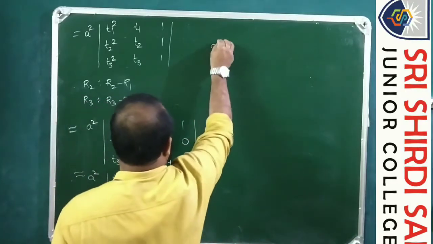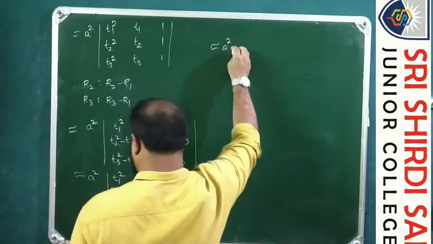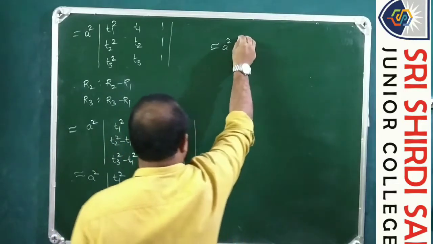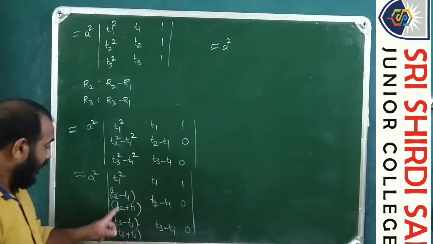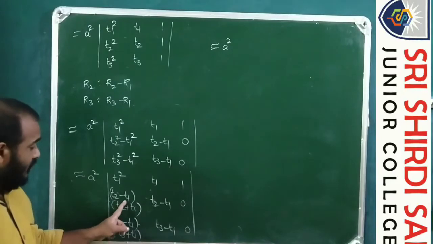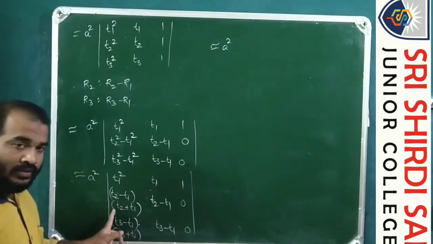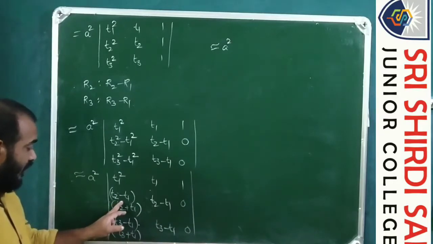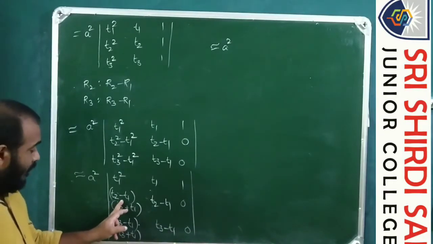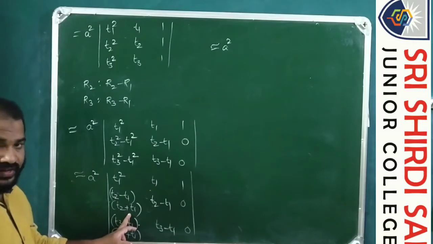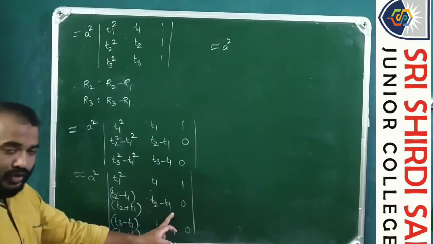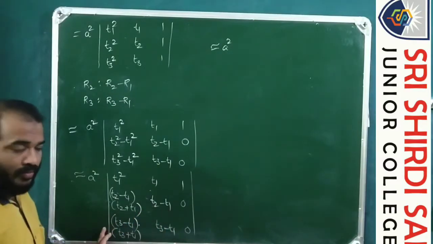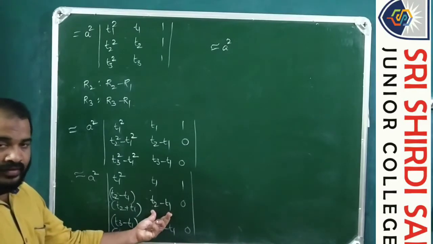This is equal to A square into, here if you see T2 minus T1 is common in the whole second row. If I take it common, then we are left with T2 plus T1 here. This is T2 minus T1 into 1. T2 minus T1 taken common, then 1 will be left.